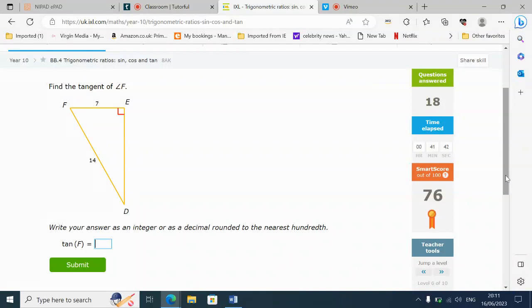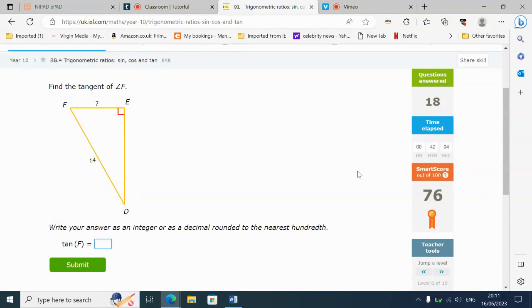We would do c squared minus a squared equals b squared. c squared is the hypotenuse, which is 14 squared, and a squared is the adjacent, which is 7 squared.